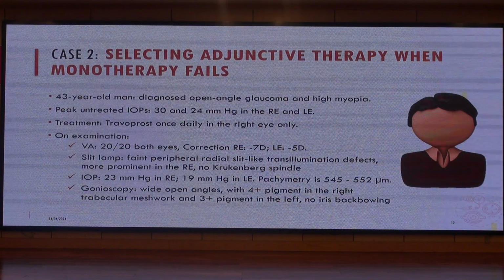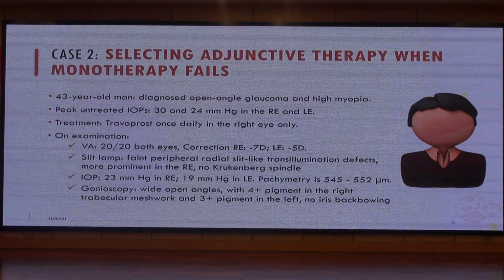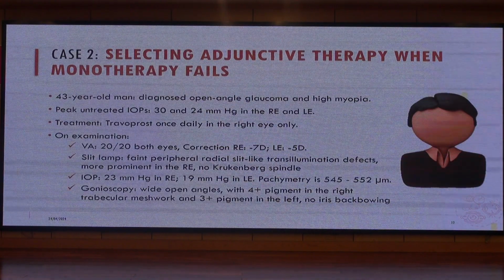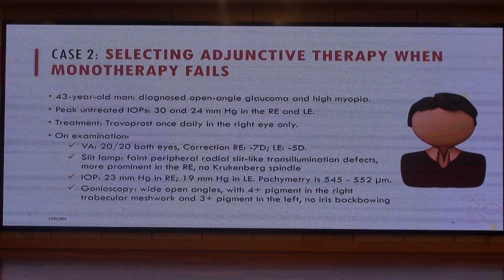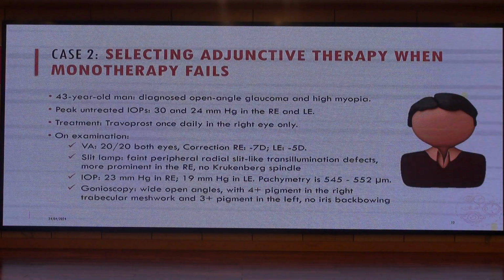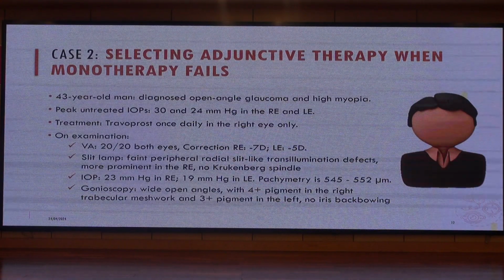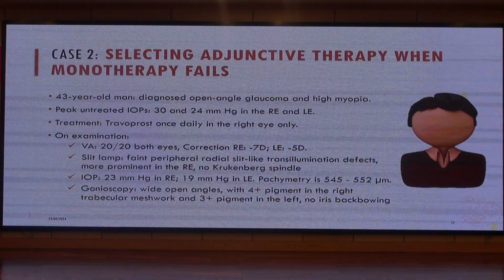On slit lamp, we observed faint peripheral radial slit-like transillumination defects, more prominent in the right eye, with no cupping spur observed. The IOP under treatment was 23 in the right eye and 19 in the left eye. The pachymetry is normal.